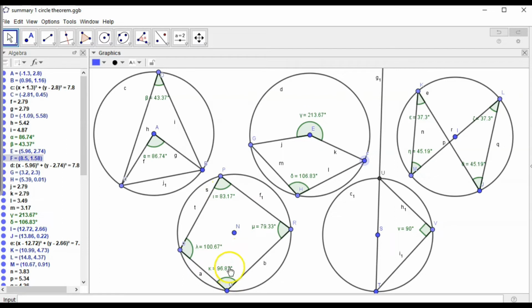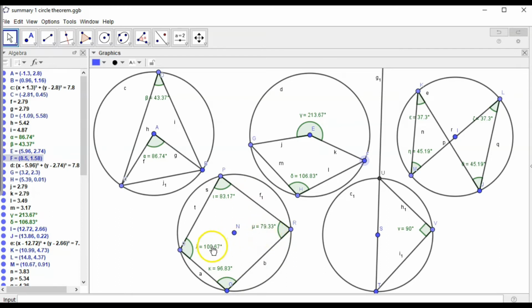So that is what we found out in our previous lesson. So it means the angle POQ or PQO is giving us a value of 100.67 degrees. Angle PRO is giving us a value of 79.33 degrees.